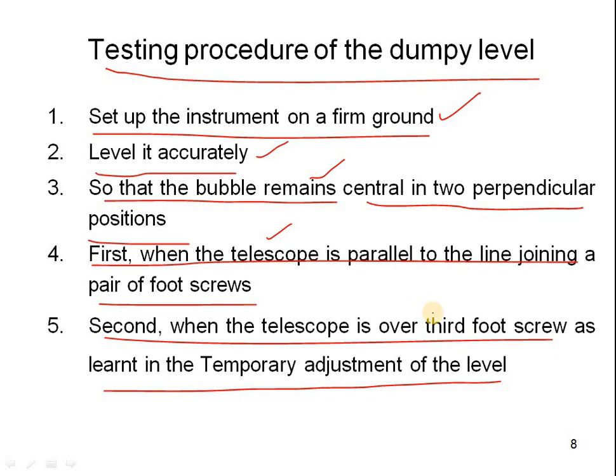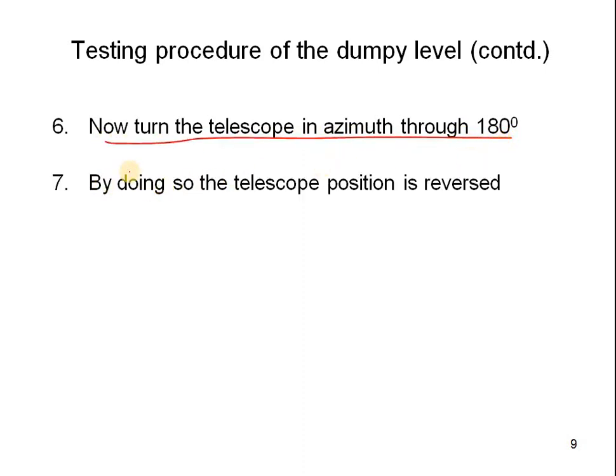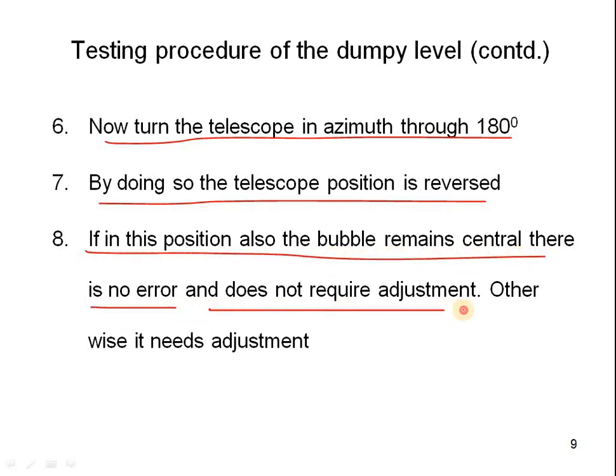Second, with the telescope over the third foot screw, turn the telescope in azimuth through 180 degrees, so the telescope position is reversed. If in this position also the bubble remains central, there is no error and no adjustment is required, otherwise it needs adjustment.